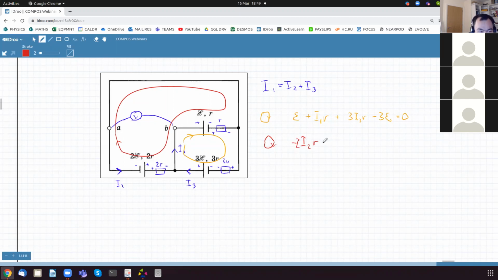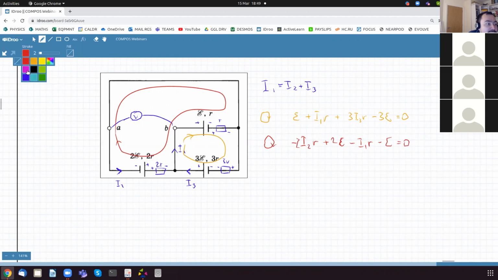The battery is positive, so from plus to minus, so plus 2 EMF, minus I1R, because from minus to plus, and we go minus EMF is equal to 0.